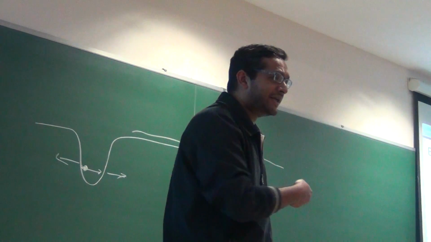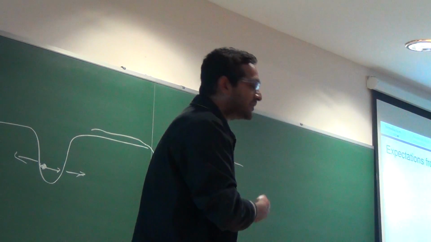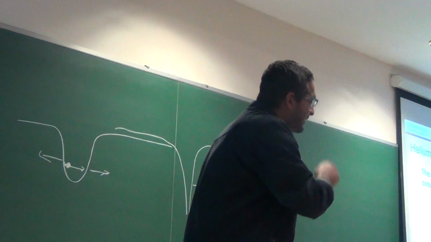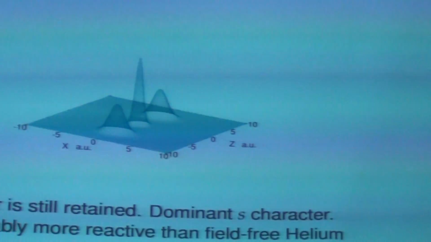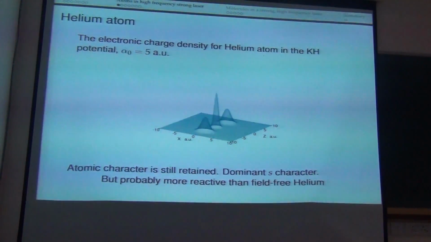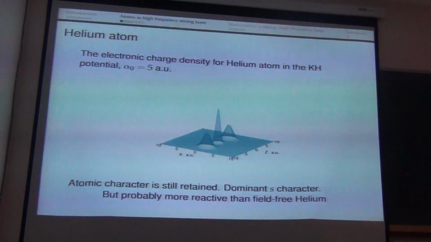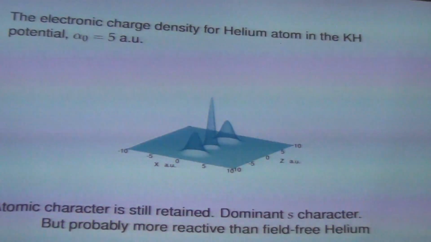In fact, without doing a calculation, if you think in terms of what we have learned in school and so on. If you do an actual calculation for a helium atom at a quiver distance of alpha 0 equal to 5 atomic units, this is the picture which you would get. Now, it still looks very much like a ground state helium atom.